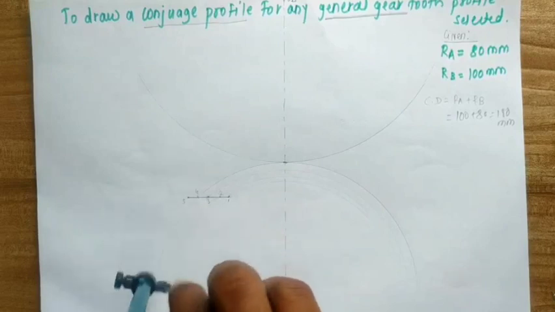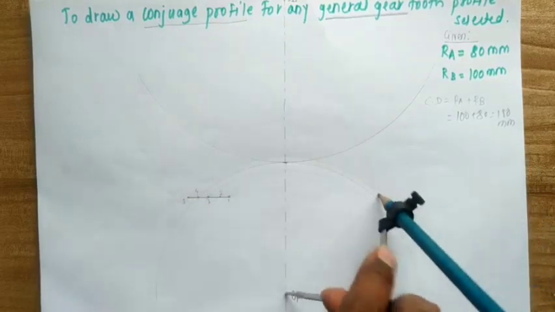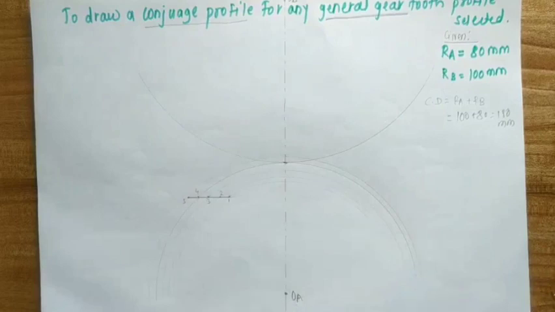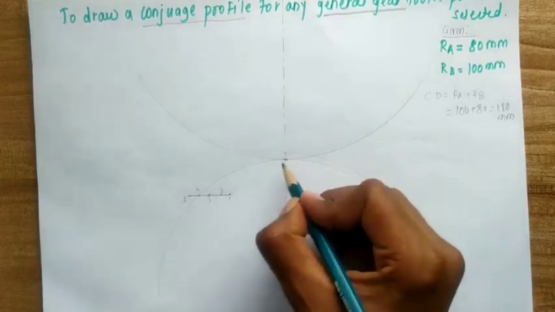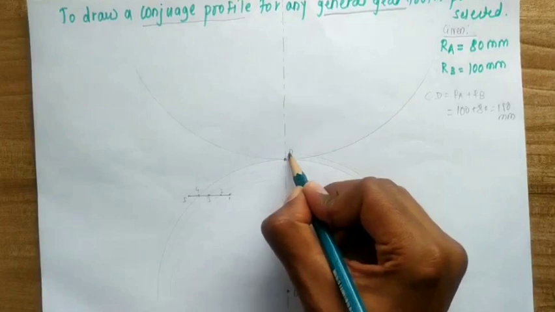So I have drawn here circles concentric with the pitch circle with center OA. Now after getting the circles, I have to mark pitch points. Now one point, this will be a pitch point P.